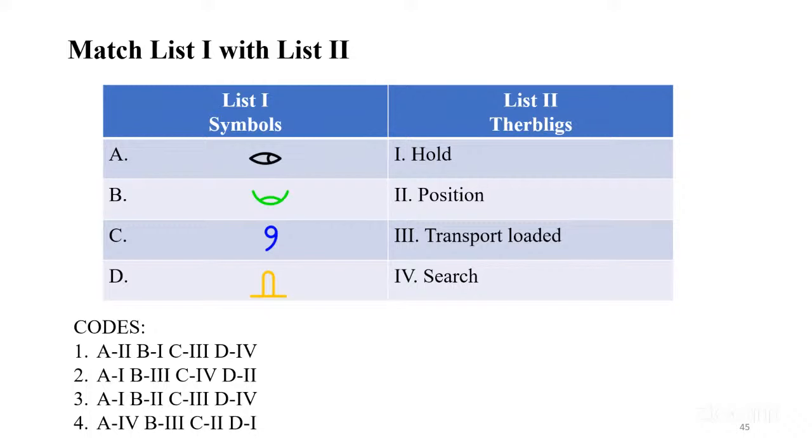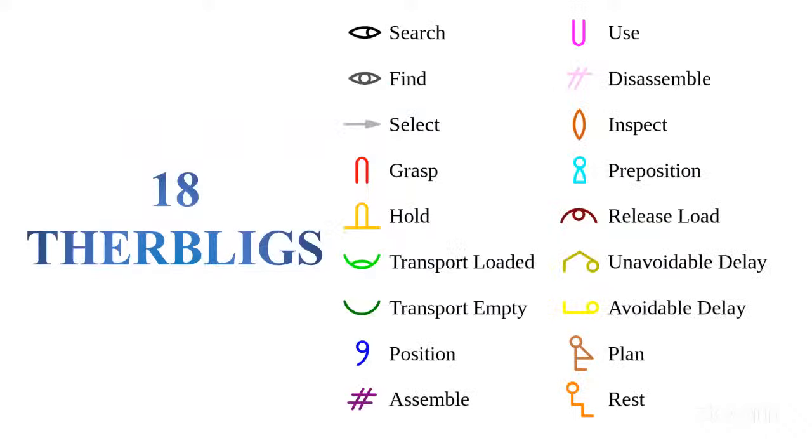Okay. Let's see the list of thumb links. This is also very important. There are 18 thumb links. Here the side eye is for search, the center eye is for find, then the arrow is for select. An opposite U is for grab. Then an opposite U with an underline is for hold.